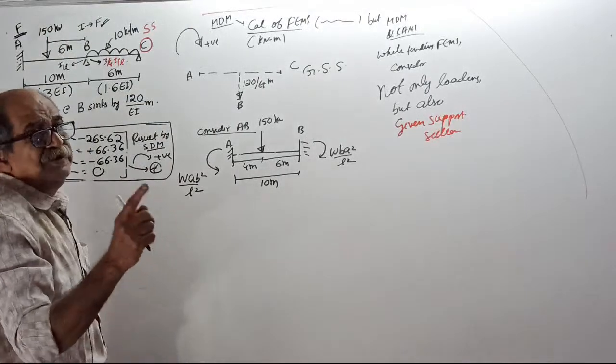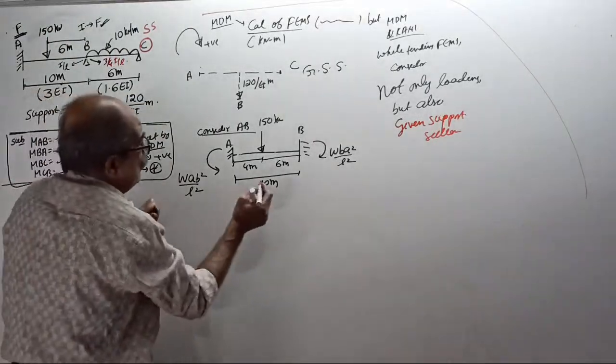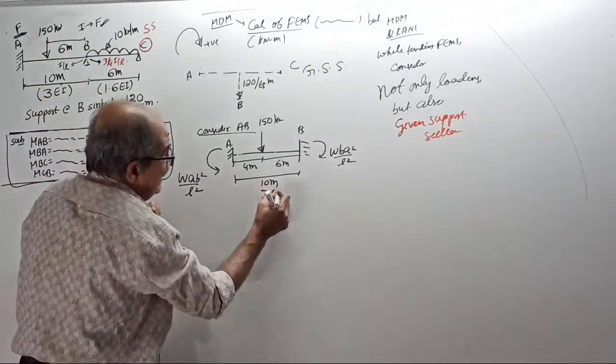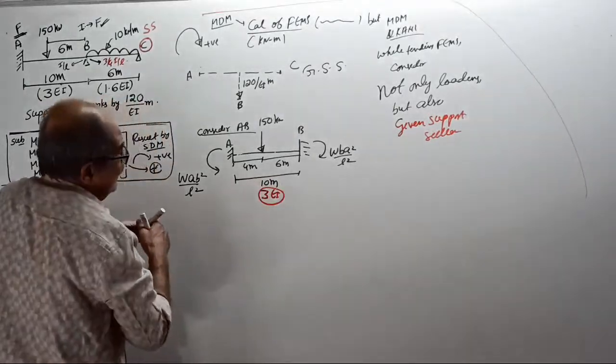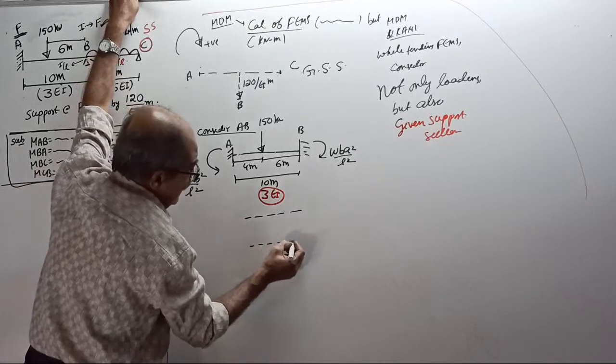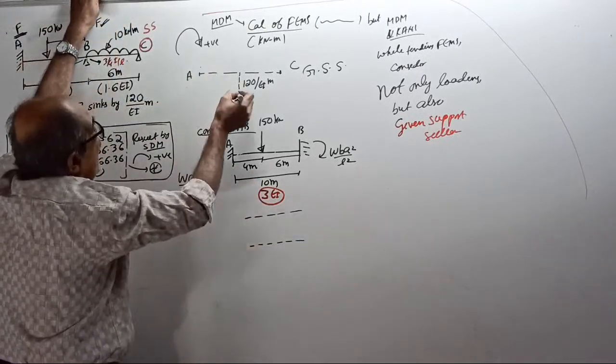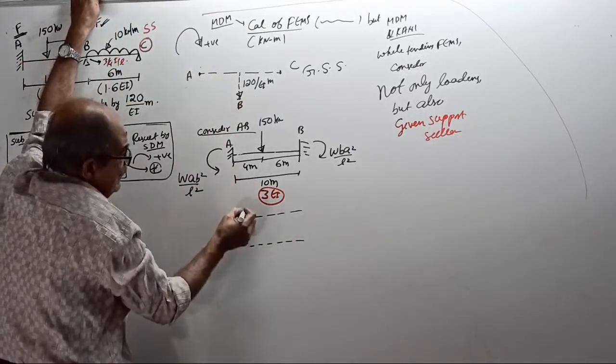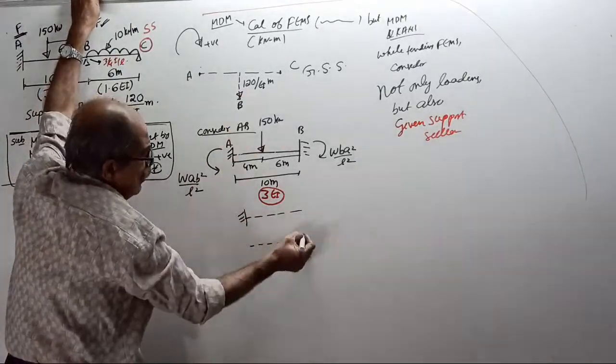Below you draw one more thing. When you go to delta, that EI is required; don't forget, it has got 3 EI. Then draw two parallel lines. A is upper side, B is lower side.